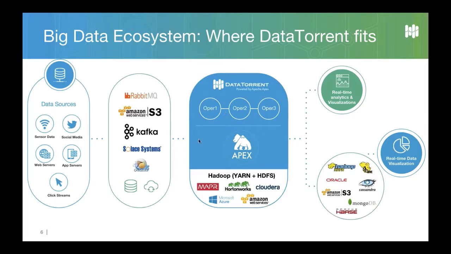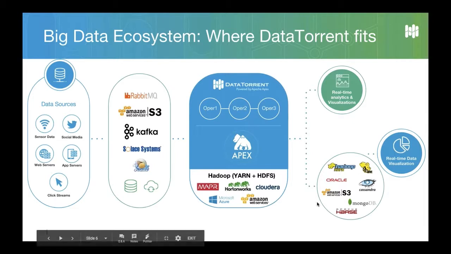We process data over here, and then post that we can do some real-time analytics and visualizations, as well as ingest the data into other systems like HDFS or databases like Oracle and Cassandra.